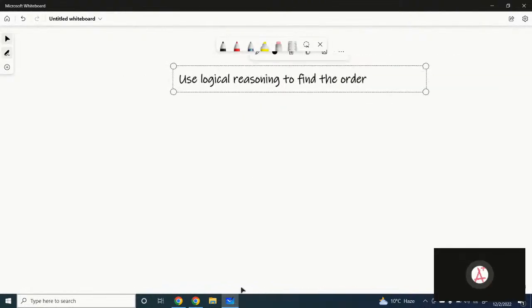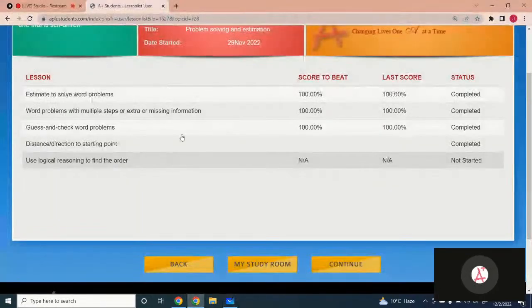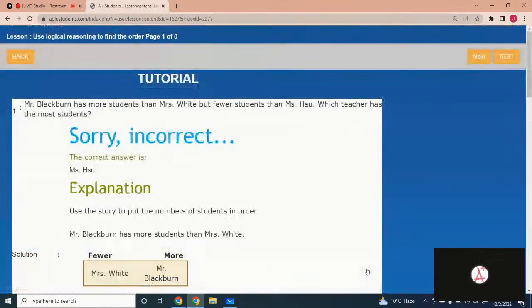Okay, let's start with the lesson. We are on grade 6 maths. The chapter name is problem solving and estimation, and the lesson name is use logical reasoning to find the order. Okay, let's start with the first question. Let's start with the test questions.